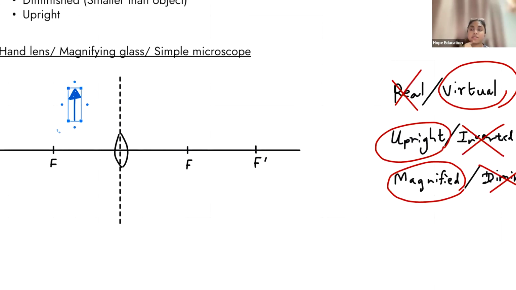Which position produces a virtual image? Between F and F dash, says Ashwita.